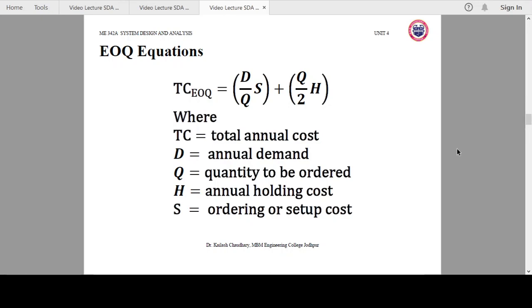These parameters, like the different costs and quantity, will help you decide on the total cost you have while you order a particular product. This total cost will give you the cost you have while you are purchasing something. Similarly, you can calculate the total cost when you are producing something. So you just compare these two costs.